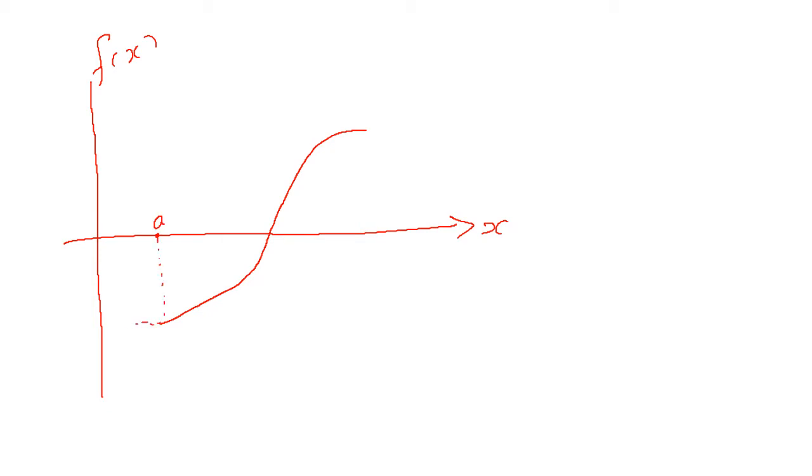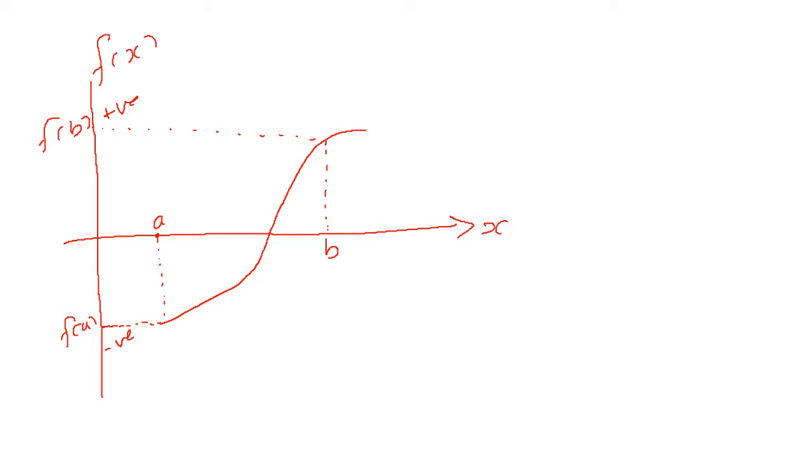We calculate f of a, and it turns out to be negative. Then we consider some point b here. Now we evaluate the function f of b. It is positive. So this is our beginning.